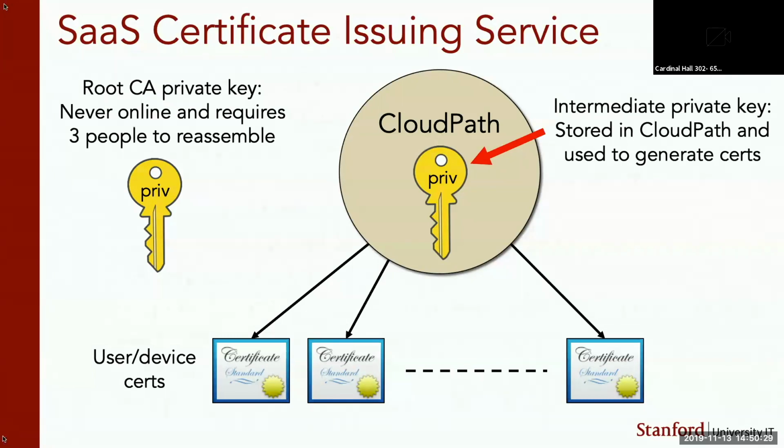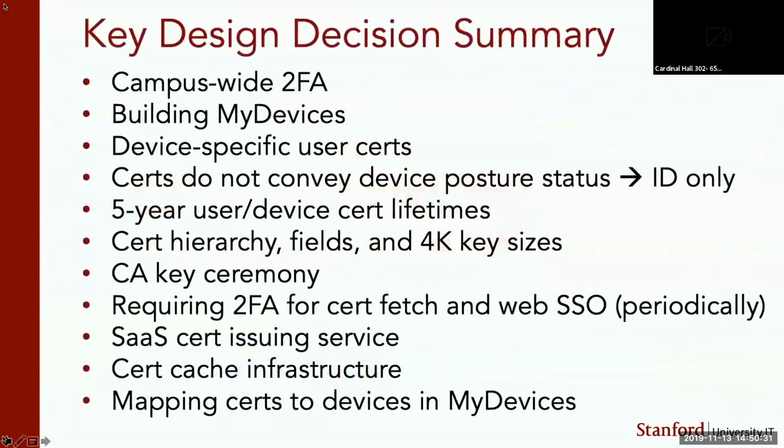So I want to touch on some of the key design decisions we made along the way. One is having 2-factor. That's really a key component of this. Building that whole My Devices infrastructure over the years. The decision to have device-specific user certs, that was a 2-year discussion on that one.